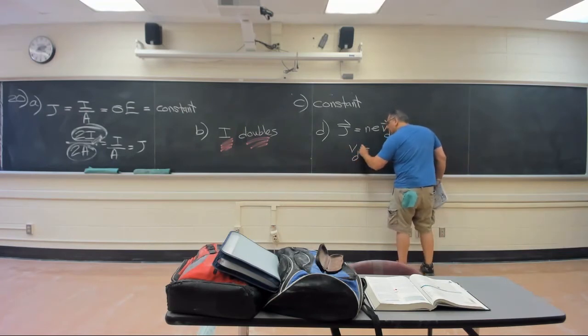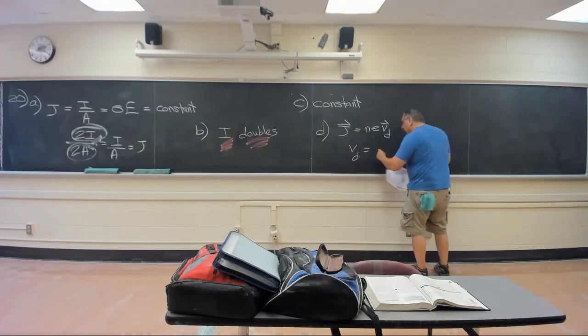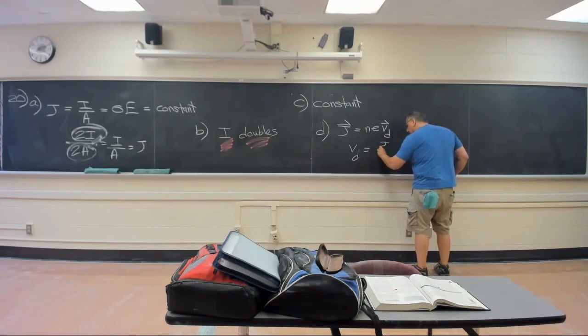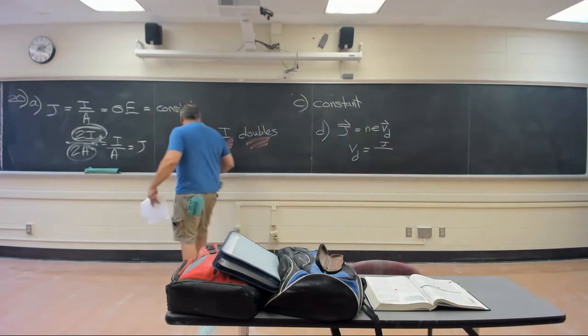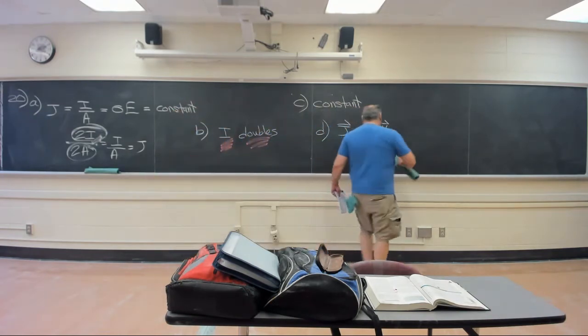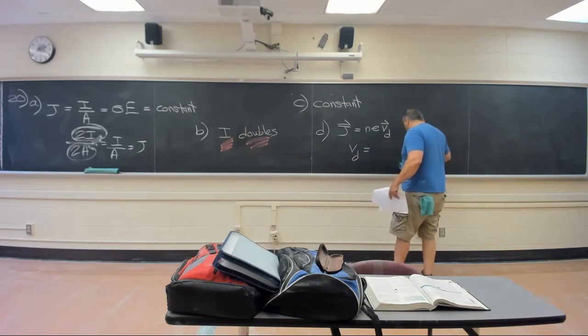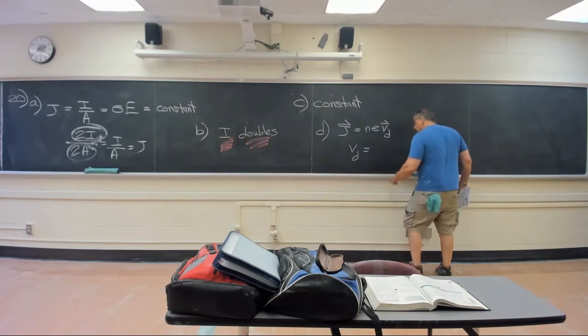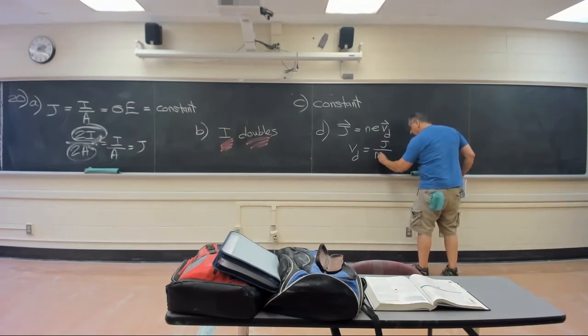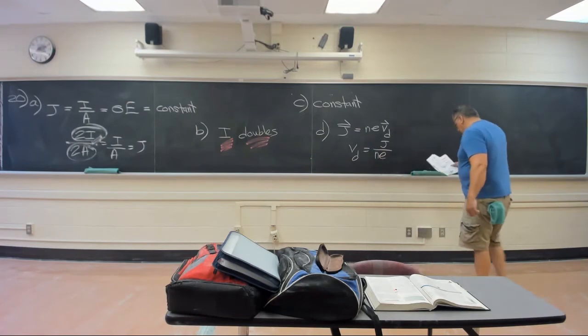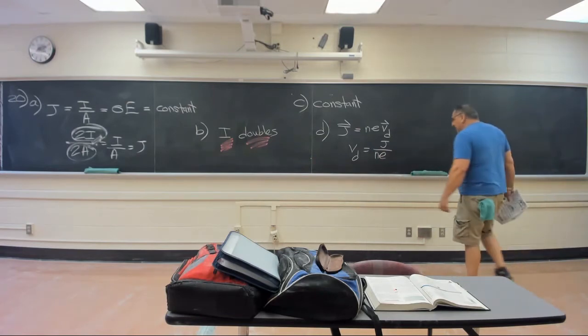V sub D, in terms of magnitude, and I think they went more towards magnitude, is J vector over NE, and that's a constant.